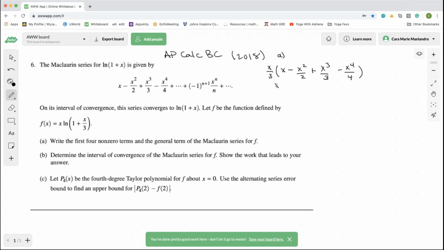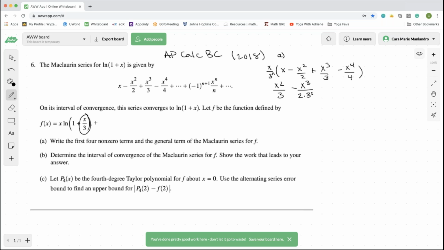We should get x squared over 3 and x to the third over 2 times 3 squared. Is everybody with me on the 3 squared here? It should be 3 to the n.